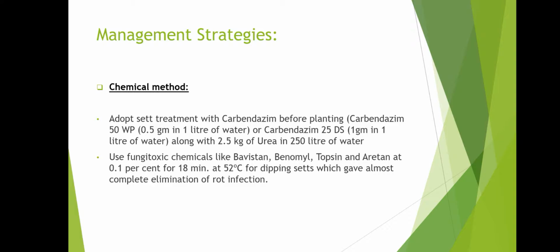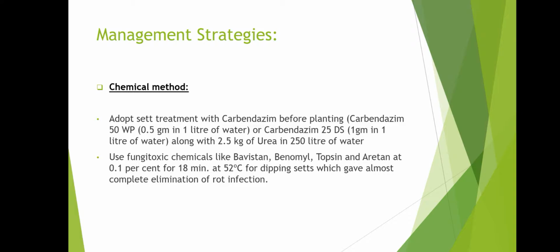Then we come to the chemical methods of management, which should be applied in the last stage of the management strategies according to the methods of IPM. So, adopt set treatment with carbendazim before planting, carbendazim 50 WP that is 0.5 gram in 1 liter of water, or carbendazim 25 DS which is 1 gram in 1 liter of water, along with 2.5 kg of urea in 250 liters of water.